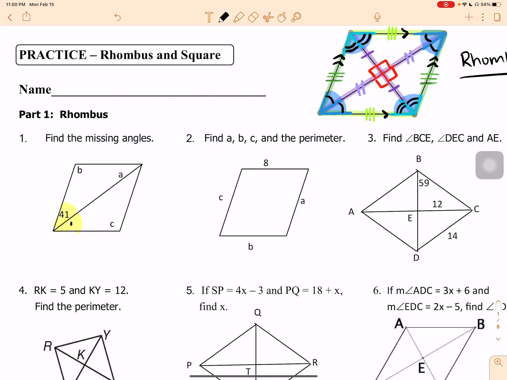And I like just starting to fill them all in. And then if this is a rhombus, like it said it is, then the ones across from it are equal. So if those two are 41, then these two are each 41 as well. So this one is 41 and 41.